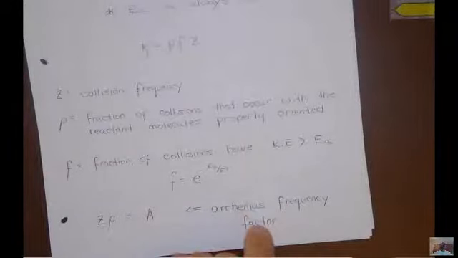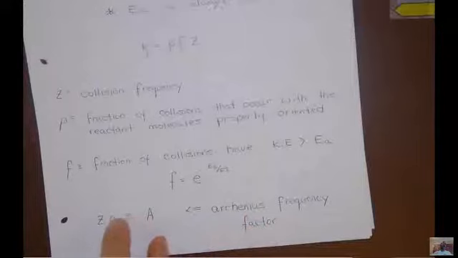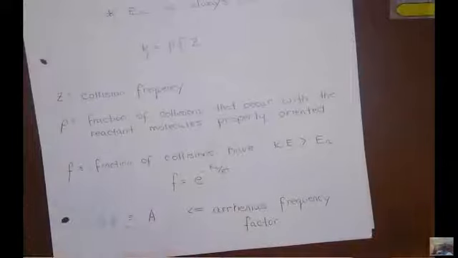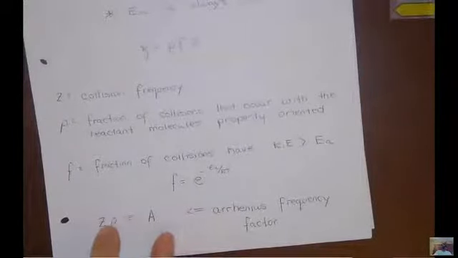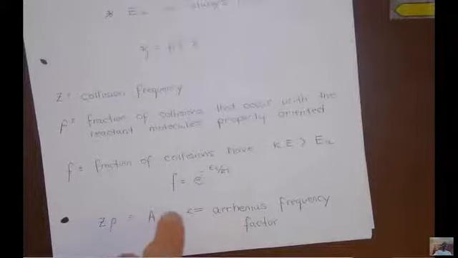It combines how often they hit times whether they are hitting with the correct orientation. So let's say they hit 4,000 times a second, but only half of those collisions, because this is 0.5, are headed in the right orientation. So we'd have 4,000 times per second multiplied by 0.5 to give you 2,000 for the A factor.